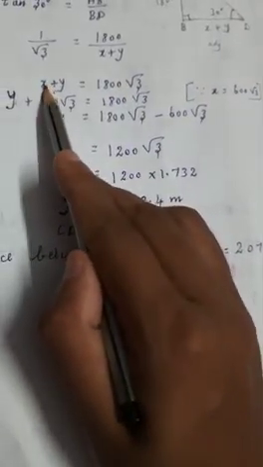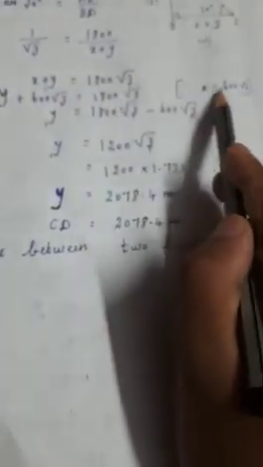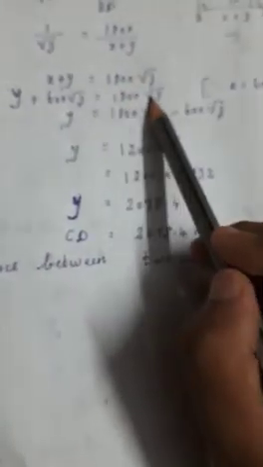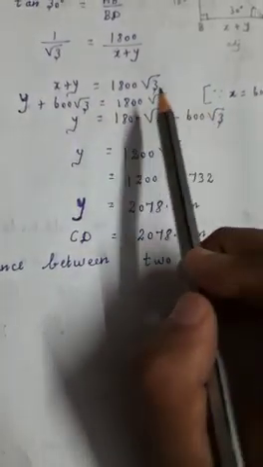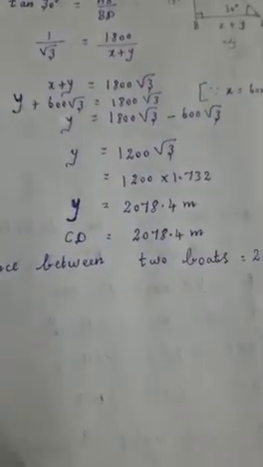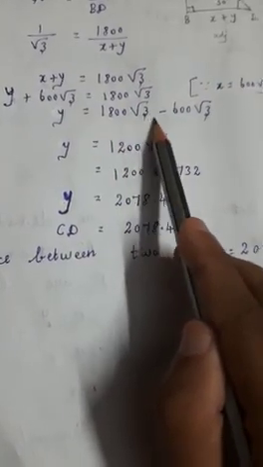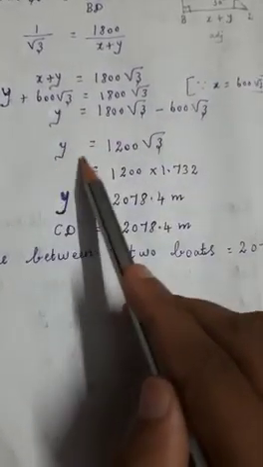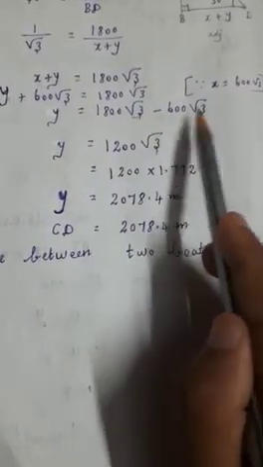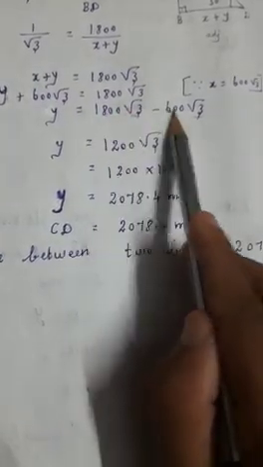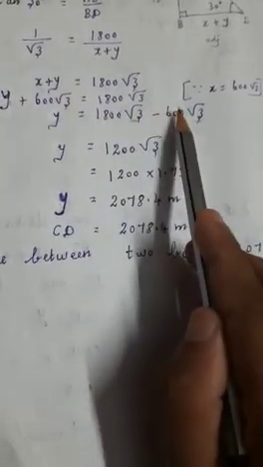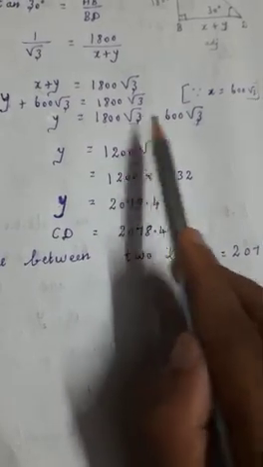Apply it here instead of X: 600 √3 plus Y is equal to 1800 √3. Then Y is equal to, if you transpose this plus part to that side, it will come minus. Y is equal to 1800 √3 minus 600 √3. So same √3 only. Can you subtract this? 1800 minus 600 is 1200, then √3 it will come.